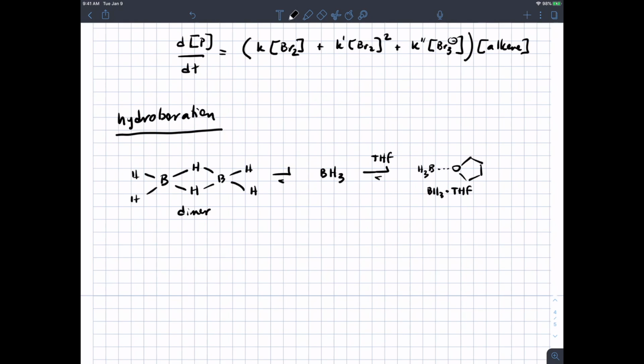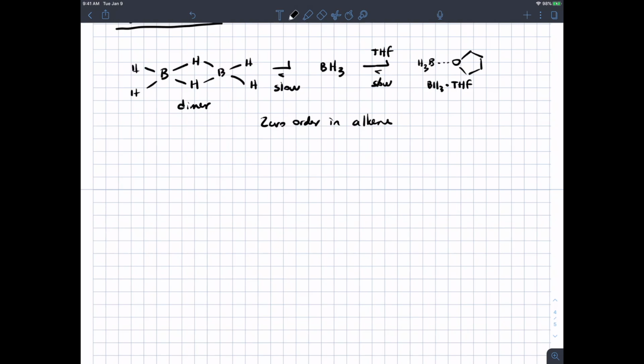For many hydroboration reactions, they can actually be zero order in alkene because dissociation of either the BH3-THF complex or the BH3 dimer is slow enough that that's rate determining. And so because of that, a lot of alkenes react at similar rates, and the alkene doesn't make a huge amount of difference.